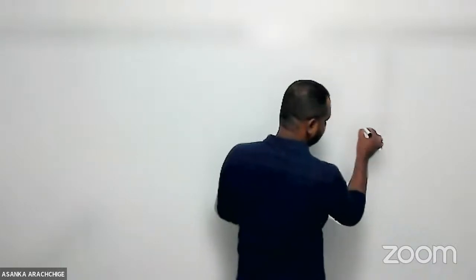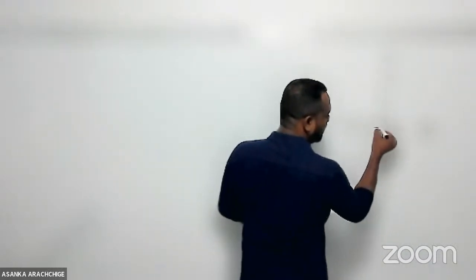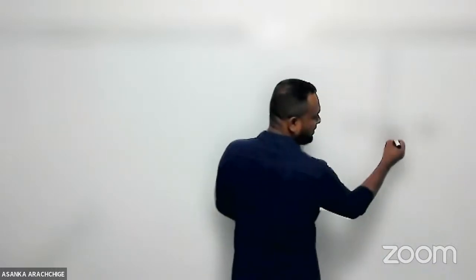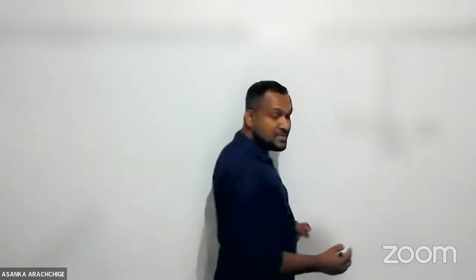If this is the ground level, what fraction of the bigger tree is above the ground level? 7/8.